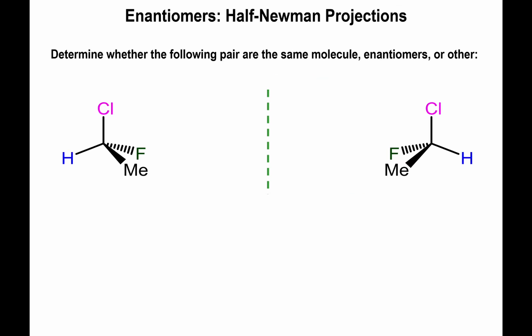The other technique is to use what I like to call Half-Newman projections. And the idea is that you want to look at the molecule from the opposite side of what you'll find out to be the lowest priority group. But in molecules like this, technically from the opposite side of where the carbon-hydrogen bond is located. So we're going to eventually build up to the true nature of this a little later.